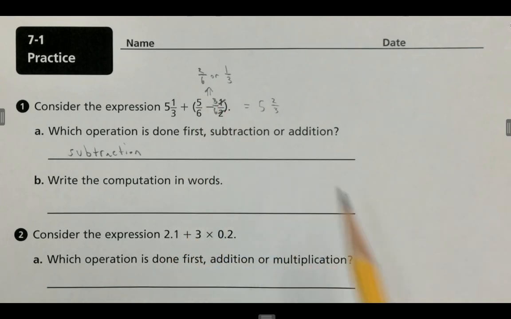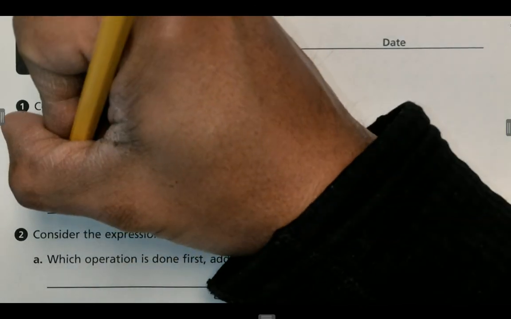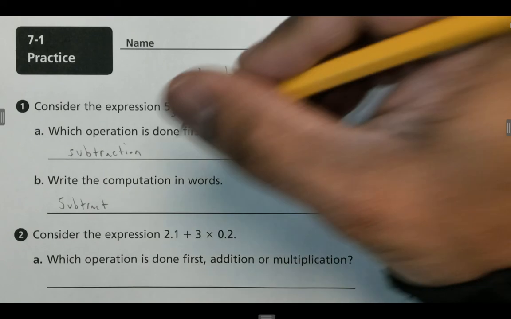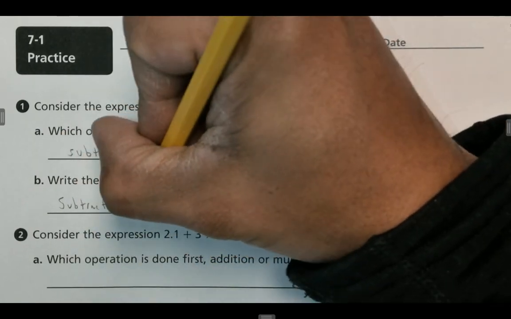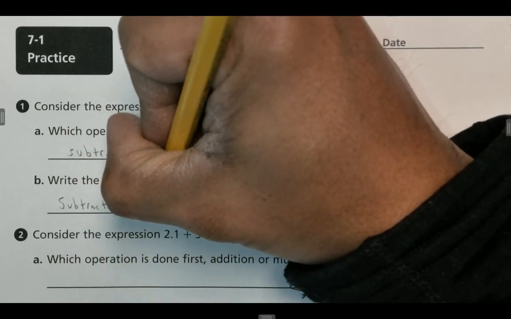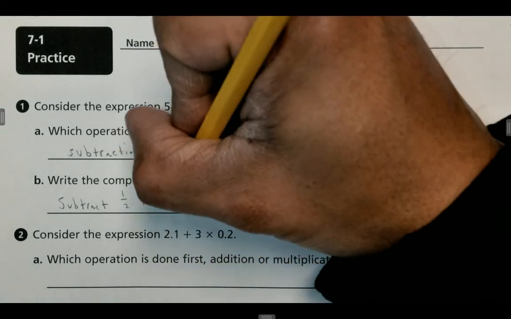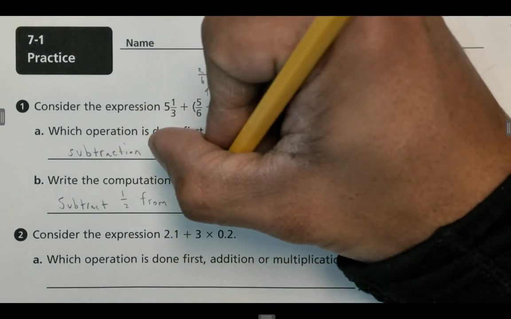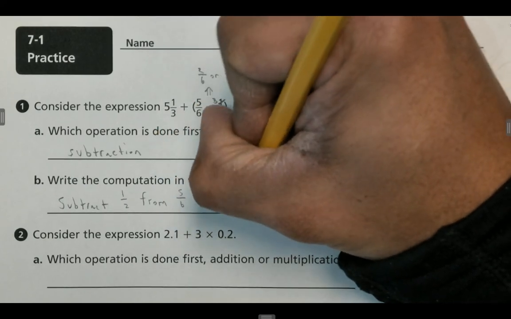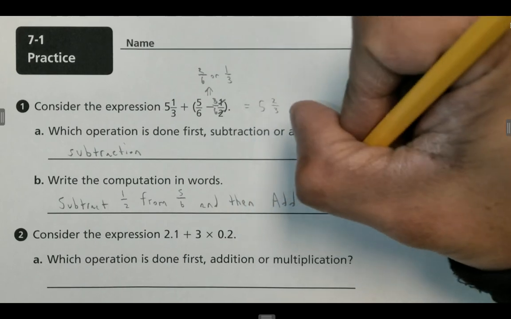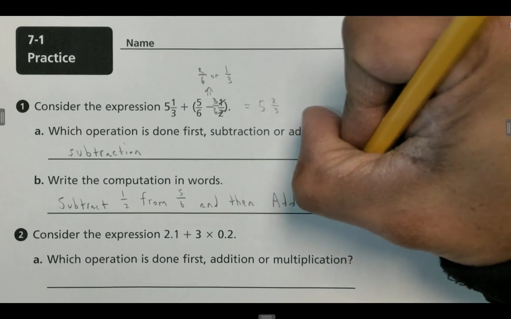And so first, we are going to subtract 1/2 from 5/6, and then add 5 1/3.